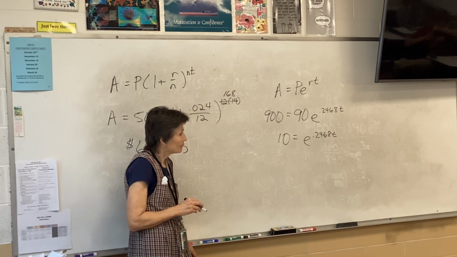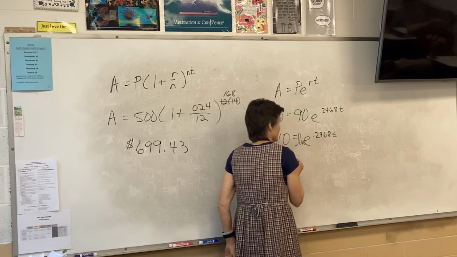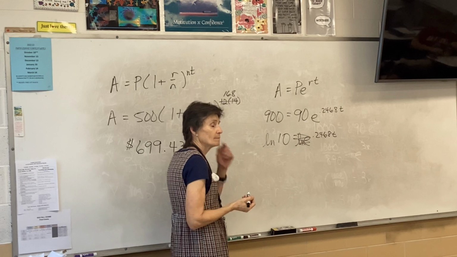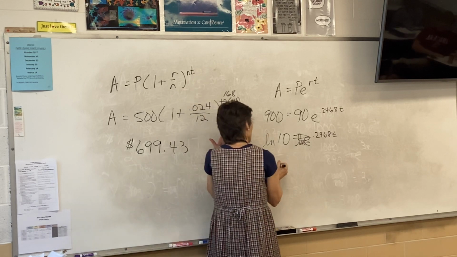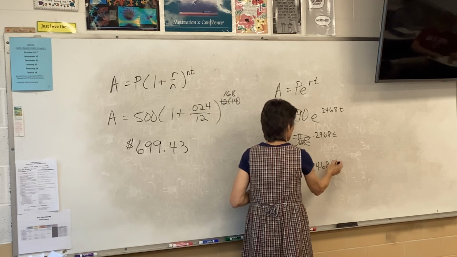Now we're gonna take the natural logarithm of both sides, so that the exponential will disappear. So ln 10 equals 0.2468t.